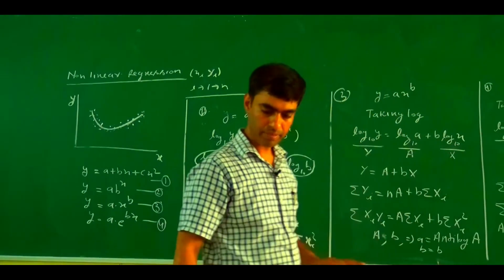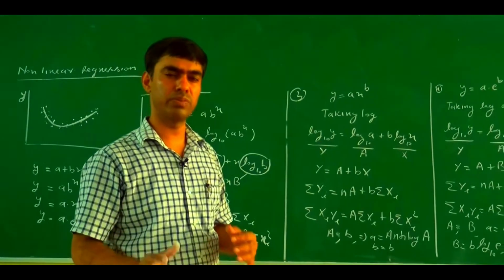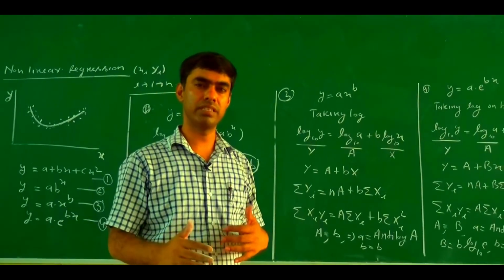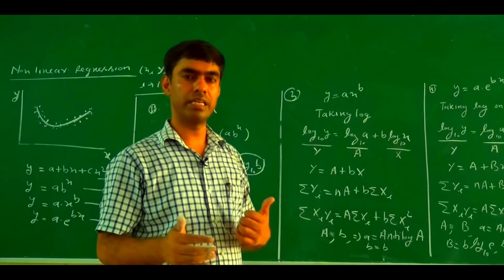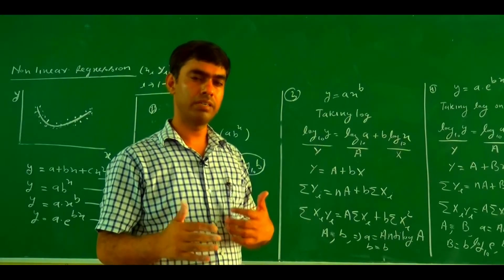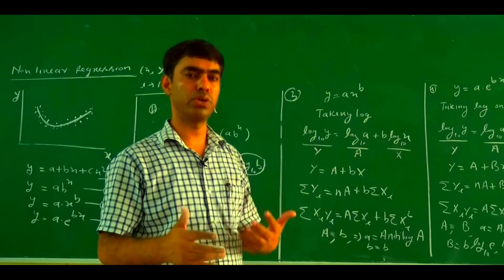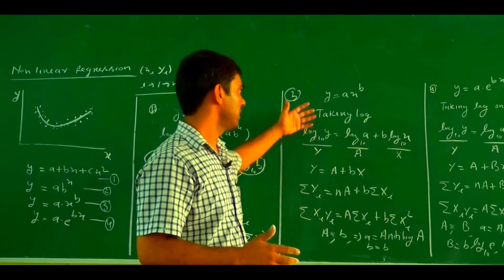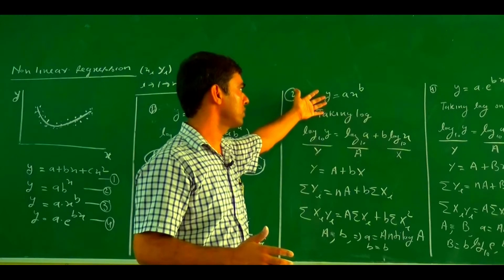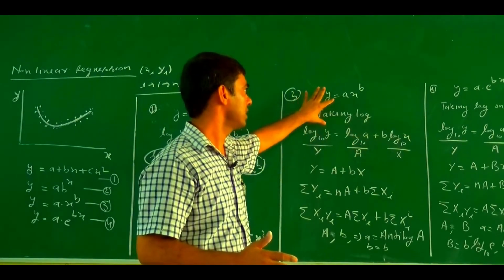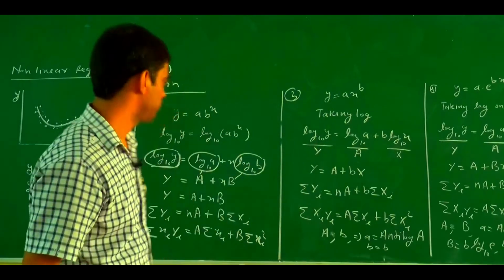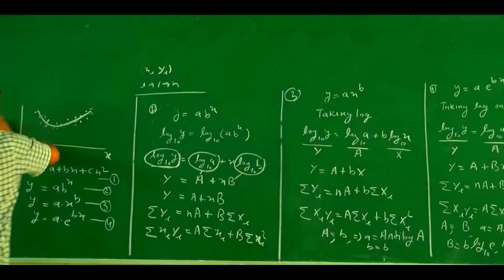As I said at the start, this is also an extension of curve fitting by the principle of least squares, in case the curve is not linear but non-linear. So now we solve one numerical example in this form.